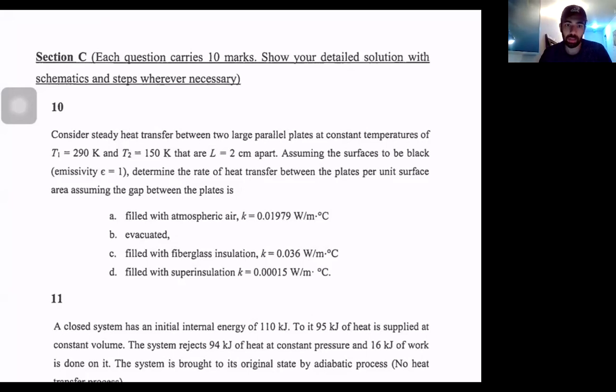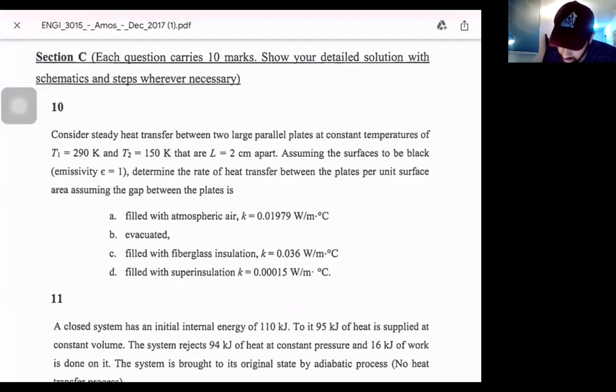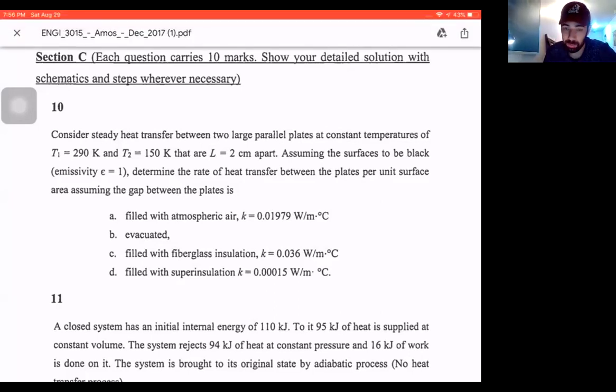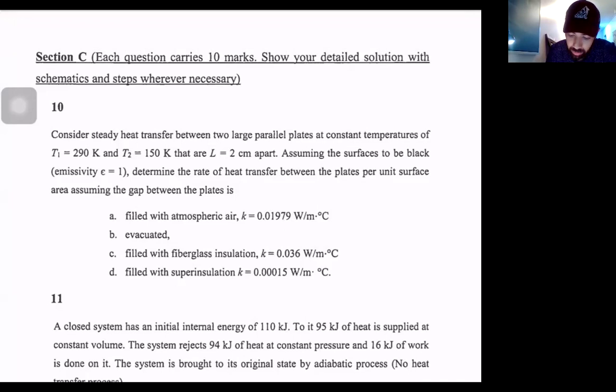Question number 10 says that a steady heat transfer between 2 large parallel plates at constant temperatures of 290 and 150 kelvins, that are 2 centimeters apart, is occurring, and assuming the surfaces to be black, so the emissivity is equal to 1.